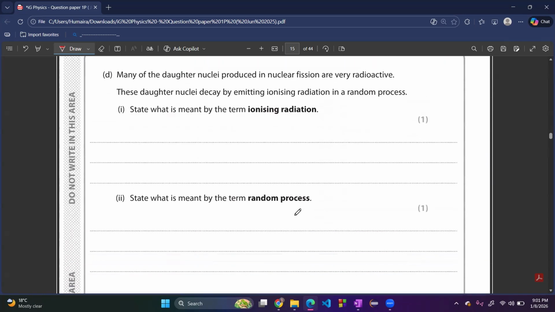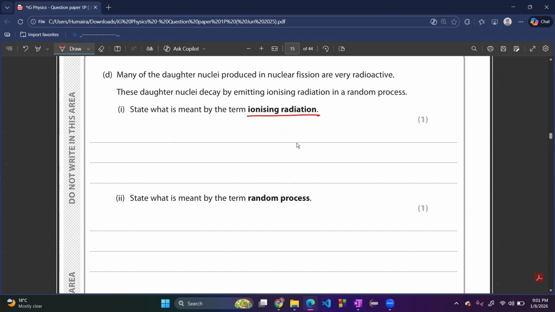Next, many of the daughter nuclei produced in nuclear fission are very radioactive. These daughter nuclei decay by emitting ionizing radiation in a random process. State what is meant by ionizing radiation. All right, this word ionizing is very familiar from chemistry, right? Ions basically mean charged particles.